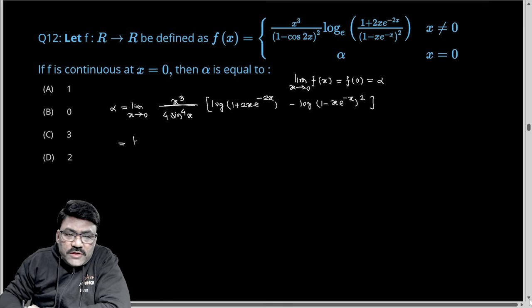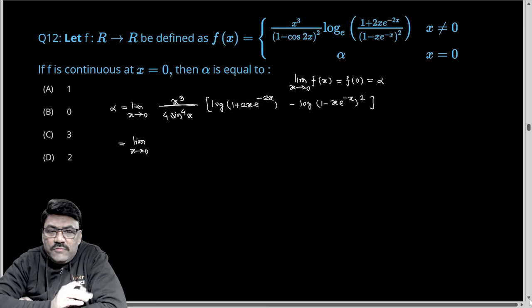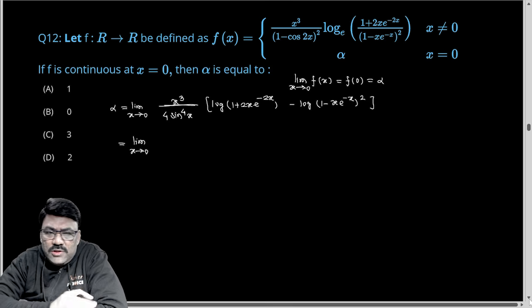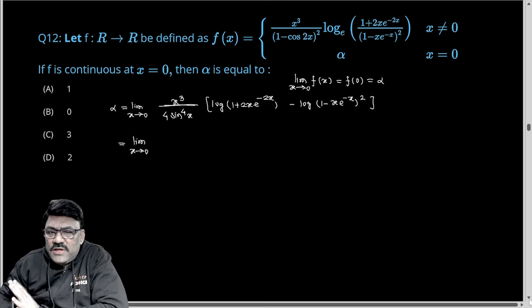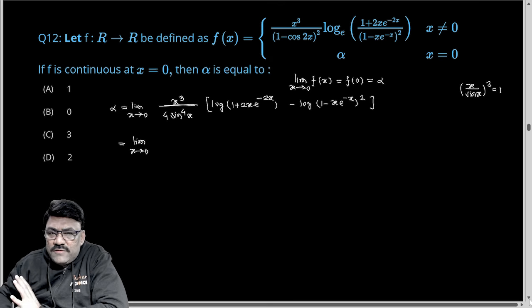Now this is the limit as x approaches 0. You know that x over sine x becomes 1. So x cube over sine cube x will become 1. So the denominator is effectively 4 sine x only, because x over sine x whole cube will become 1, and you are left with only one sine x in the denominator.